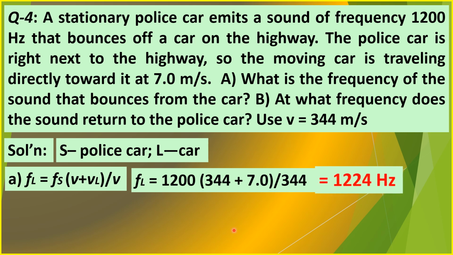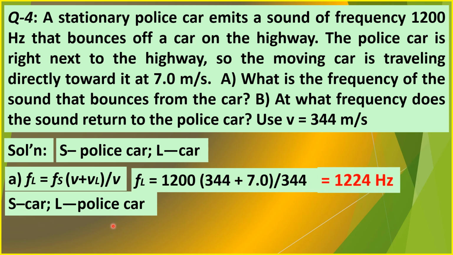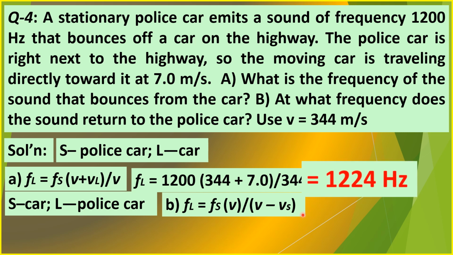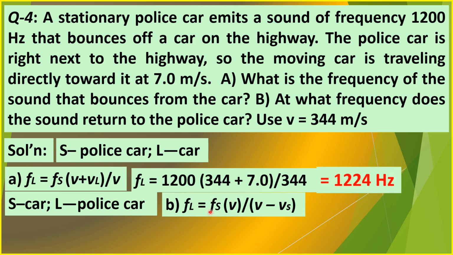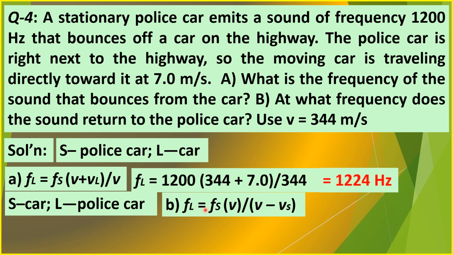For letter B, we will consider the police car as the listener, or observer, while the car is the source. In our formula for determining FL, which is equal to Fs times V divided by V minus Vs, the frequency of the sound that bounces from the car, equal to 1224 Hertz, is what we are going to use now here in this letter B equation as Fs.